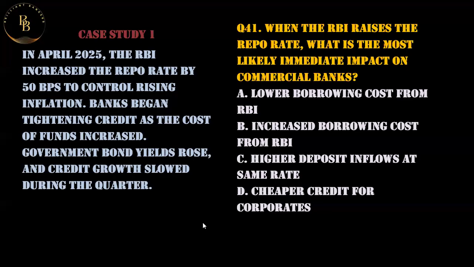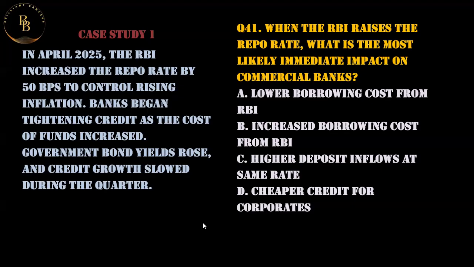Case study 1. In April 2025, the RBI increased the repo rate by 50 basis points to control rising inflation. Banks began tightening credit as the cost of funds increased. Government bond yields rose and the credit growth slowed during the quarter.